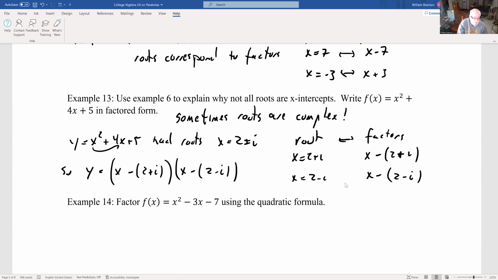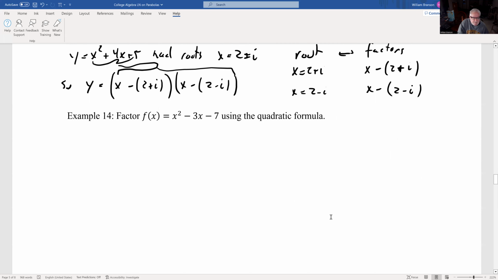So we can actually factor this thing. It becomes this, and if you multiply out the thing with the complex numbers, you'll actually get the x squared plus 4x plus 5. So every time you have a root, you have a factor. Every time you have a factor, you have a root. Some roots are x-intercepts. Complex roots are not.